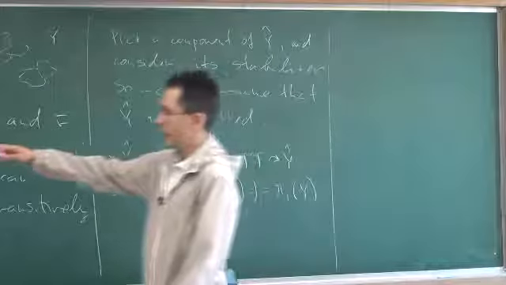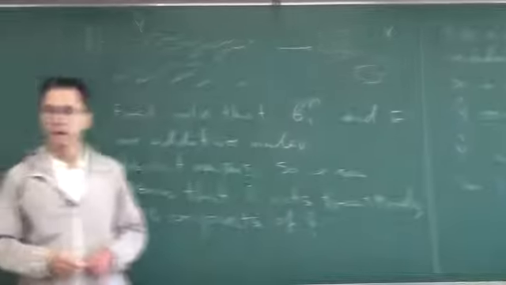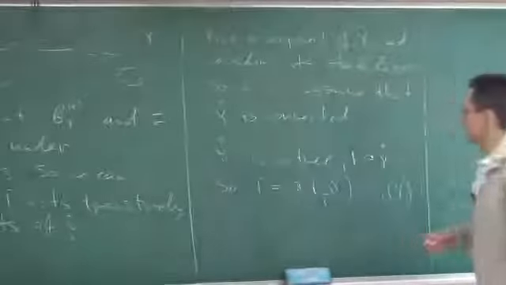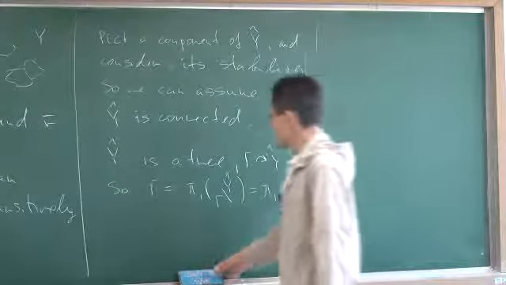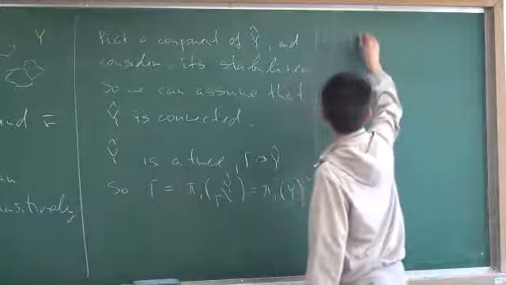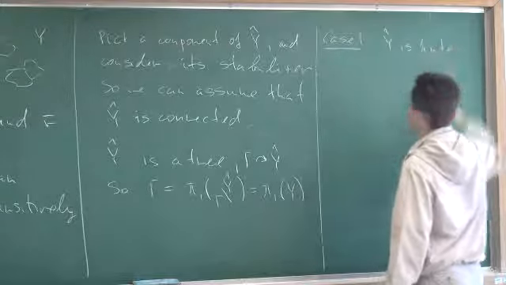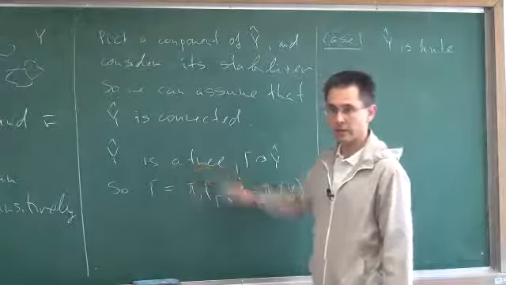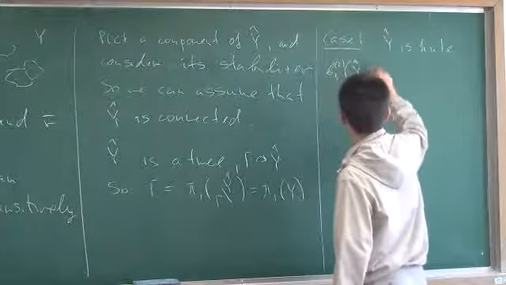From the beginning, gamma didn't have to be a free group, actually, right? It could be pretty much any group. But now, since it acts freely on a tree, it must be free. So it's a free group. And now we need to consider cases. Case 1: y hat is finite. If it's a tree and it's finite, then we compute the first L2 Betti number of y hat with respect to gamma.